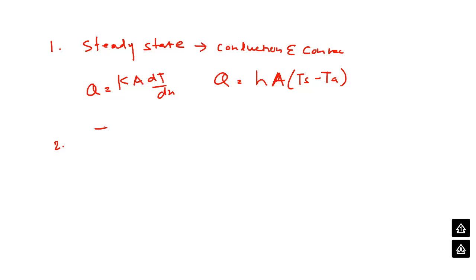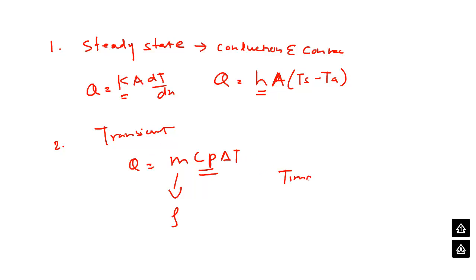In case of transient heat transfer model, along with these two, you have to have one more, which is m Cp delta T. So for transient model you have to give specific heat, for mass you have to give density, you have to give K, you have to give h, and along with this you have to give a time. So this is a quick video on the steady state and transient heat transfer modeling.